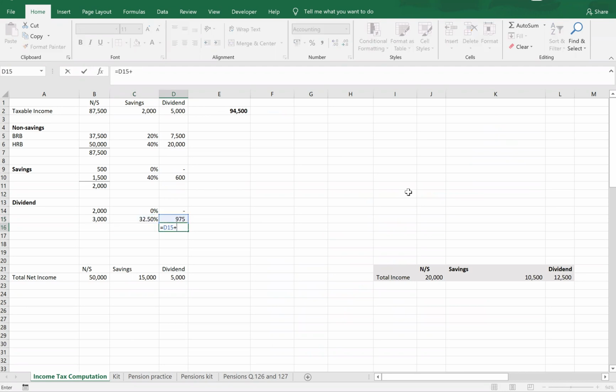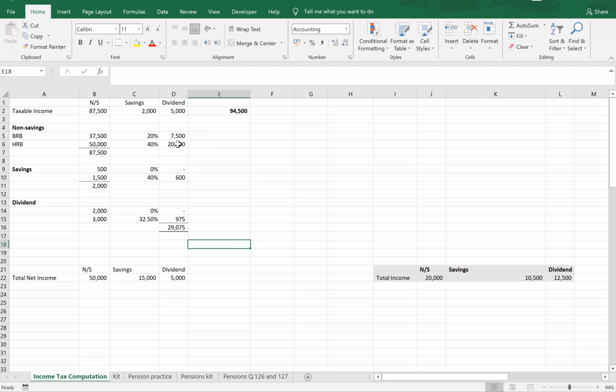So total tax turns out to be 29,075 pounds on a total income of how much? Remember the total income, guys?